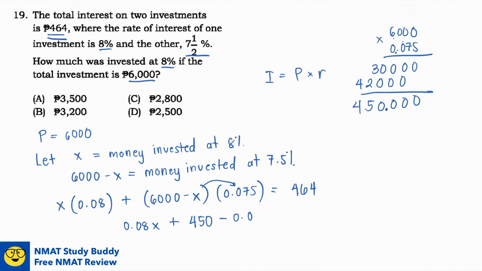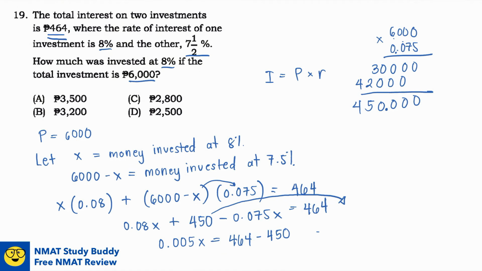So, 0.08X minus 0.075X is equal to 464. 0.08 minus 0.075 is equal to 0.005X. And then, i-transpose mo yung 450 sa right side, 464 minus 450.